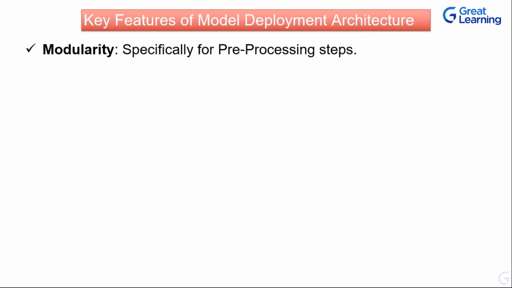What are the features of a model deployment architecture? Now, as I said, when you are deploying the model in a real-time environment, there are some things which have to be kept in mind in terms of architecture. Once you are deploying the model, it's like any other application you could have built. Let's assume I have built a Java application, or any other application using Microsoft as a platform.